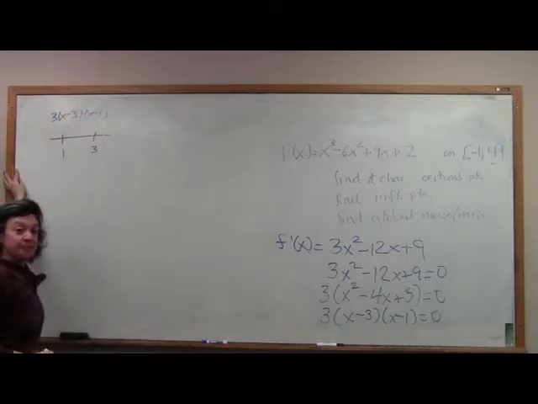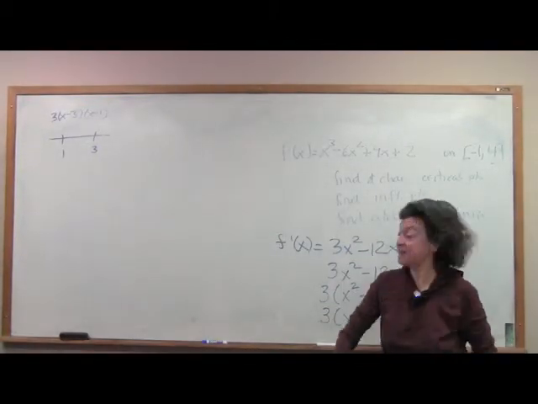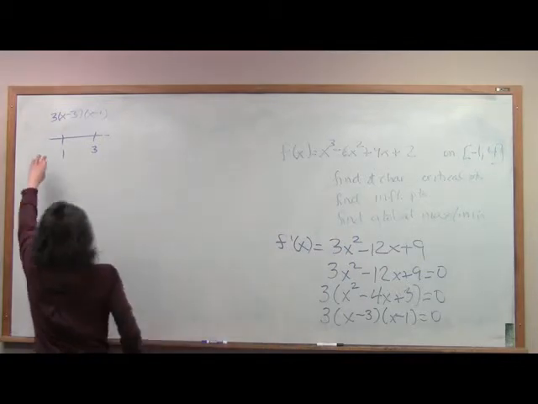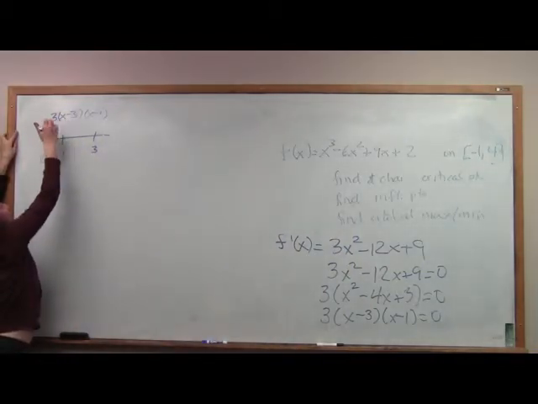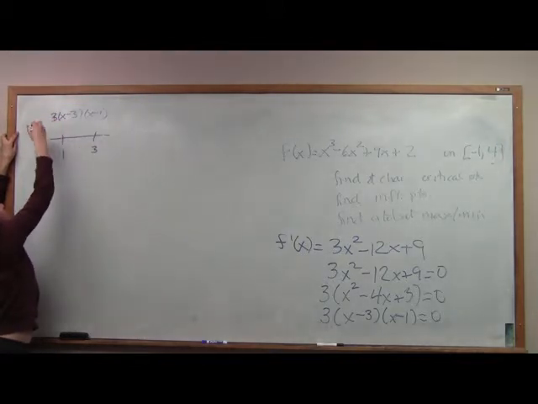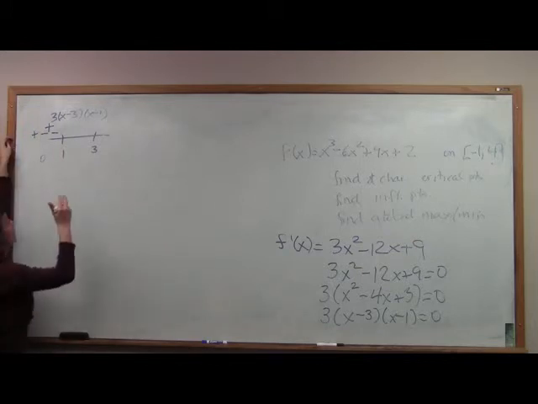Let's characterize them. We take a test point. Over here, I'm going to test 0. If I plug in 0, the 3 is always positive, this is negative, this is negative, so it's positive on that interval.